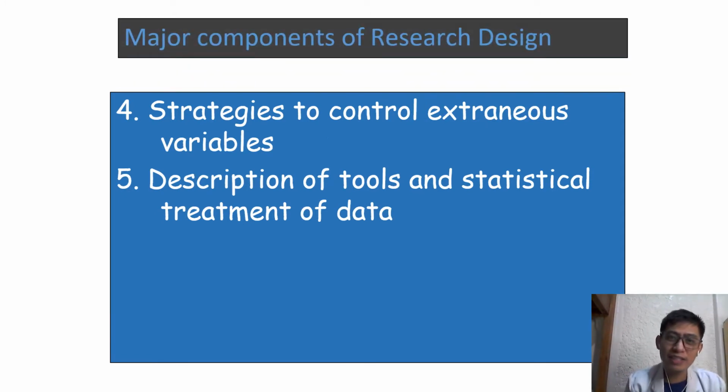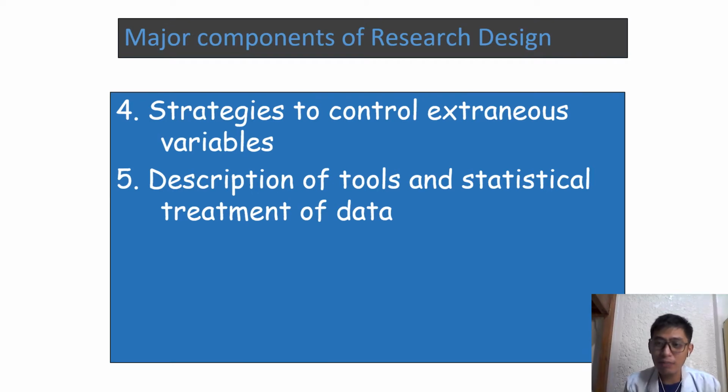Another component of research design is strategies to control extraneous variables, because some of the research has been affected by external variables such as COVID-19 lived experiences, or healthcare practices based on the pandemic.